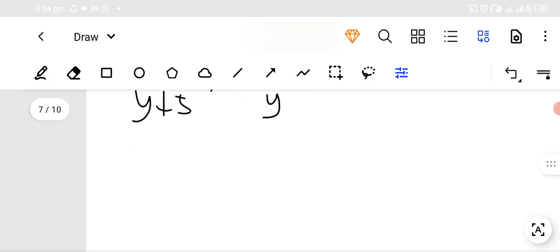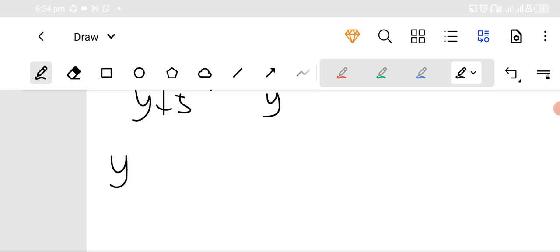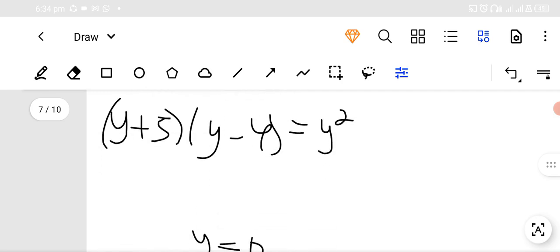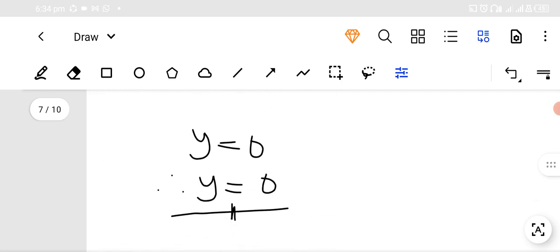Take note. It's going to be y plus 5 multiplied by y minus 4 is equal to y squared, which is y times y across. Then of course y is equal to 0 is not the correct solution.